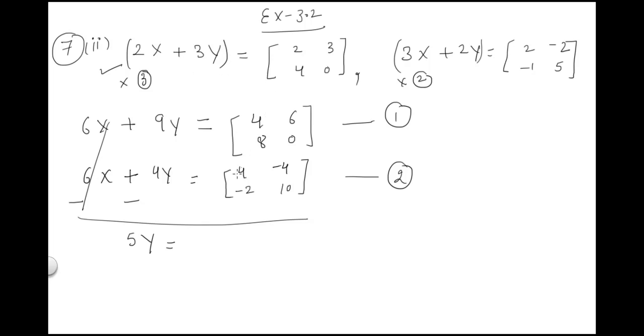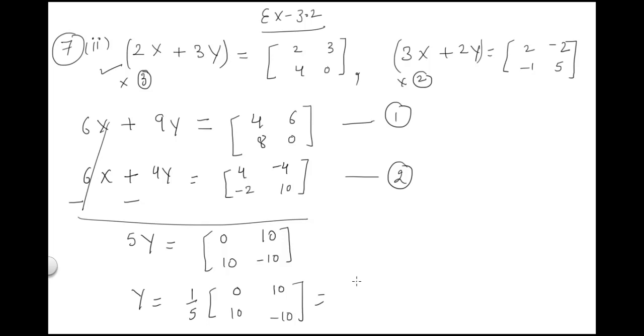So 6 minus 4 will be 2, then 9 minus of minus 4, it will be 13, 12 minus of minus 2 is 14, and 0 minus 10 is minus 10. Clear?